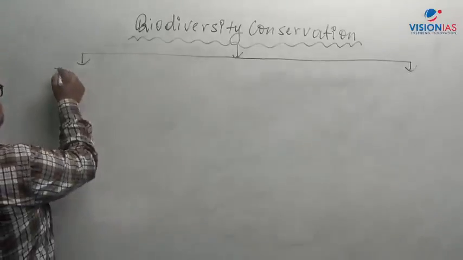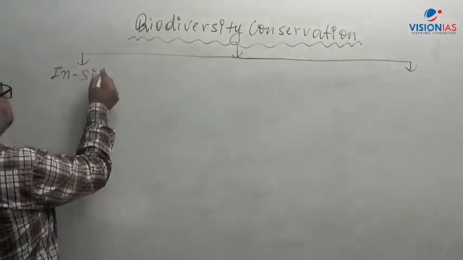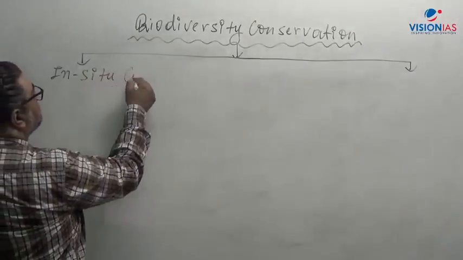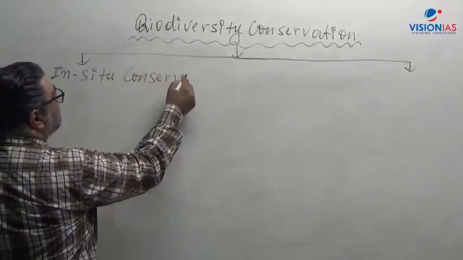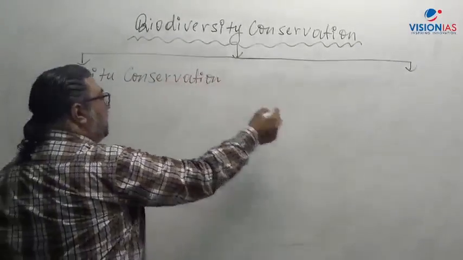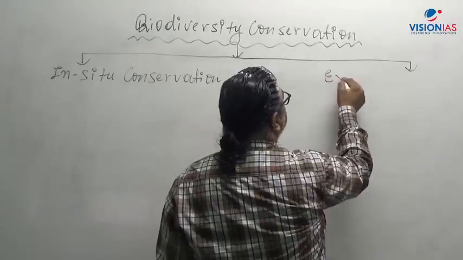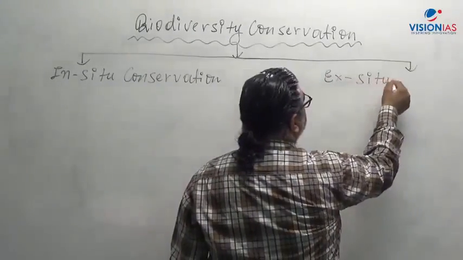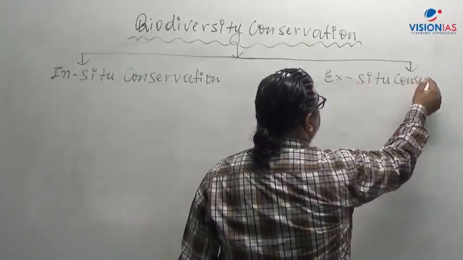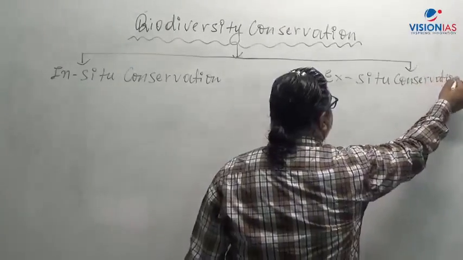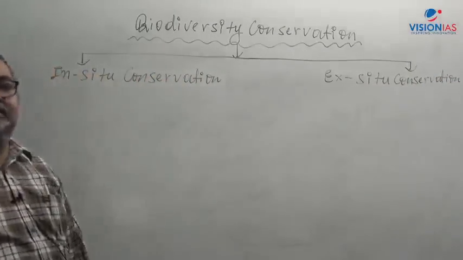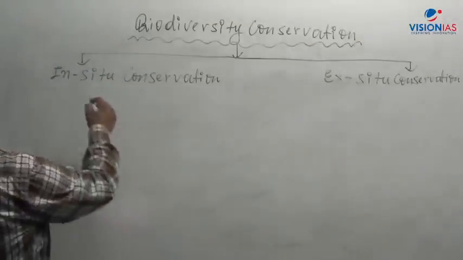That is, first is called in situ conservation, and then ex situ conservation. In situ conservation, ex situ conservation. Now what is in situ conservation?